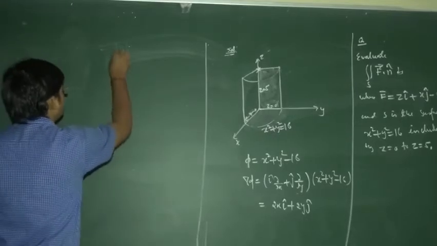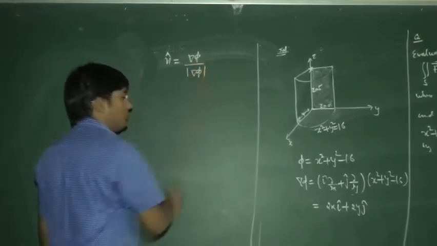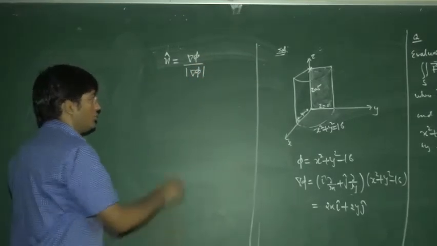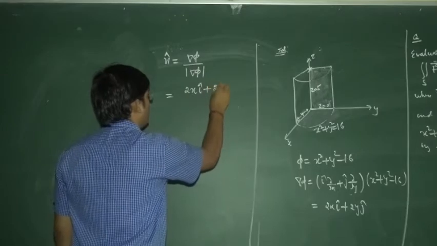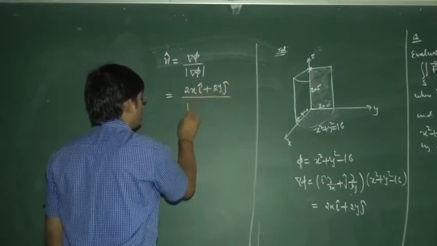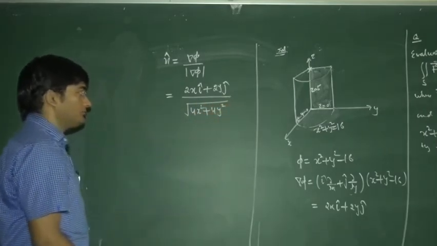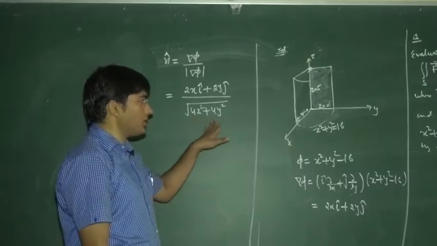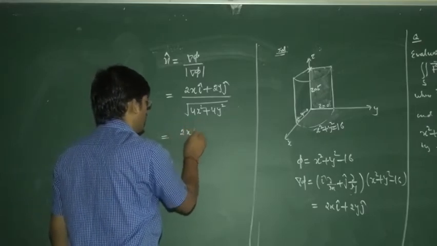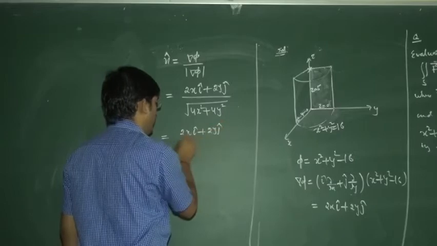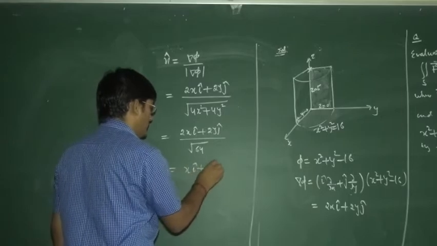Now your n cap will be grad phi upon modulus of grad phi, which is 2xi plus 2yj upon the square root of 4x squared plus 4y squared. Now x squared plus y squared is equal to 16, so this will be the square root of 64, which is 8. So this is equal to xi plus yj divided by 8.